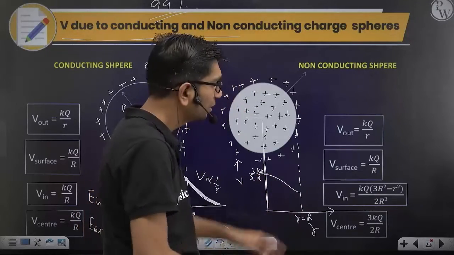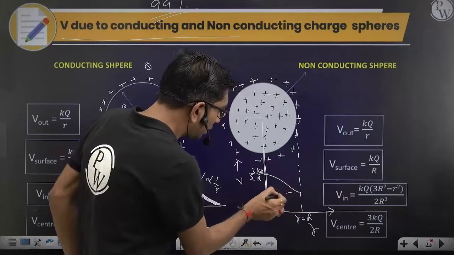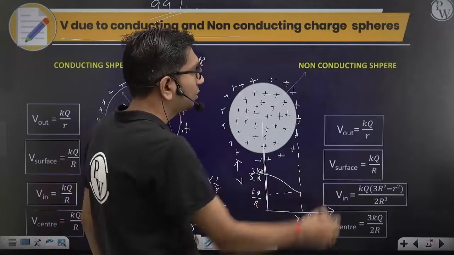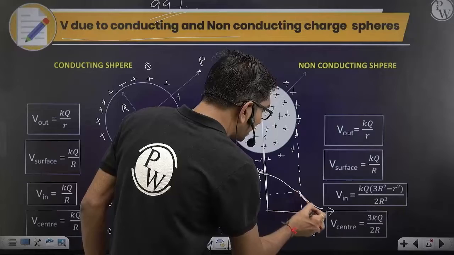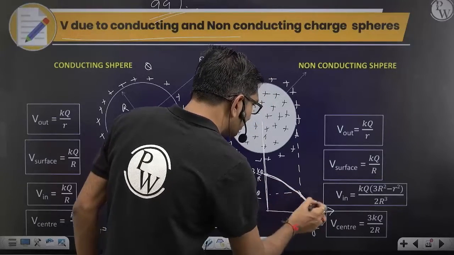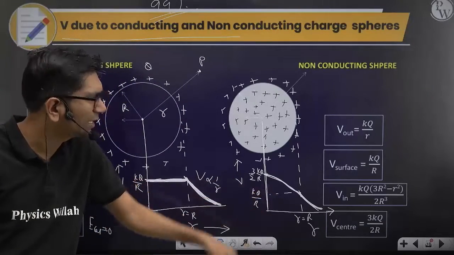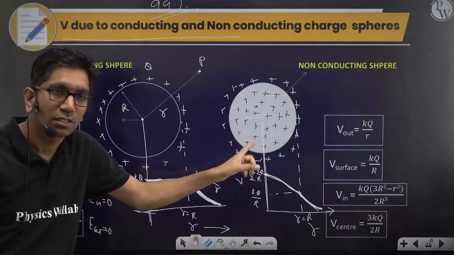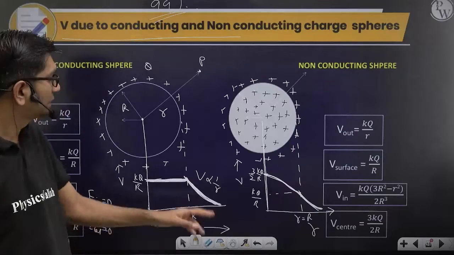On the surface, KQ by R you have reached. Outside, it is inversely proportional, and you will get the graph like this. So you can identify from the graph. If they give you the graphs, you can easily identify it. This is 3 by 2 times the potential on the surface. Is it clear? Just remember the graphs.